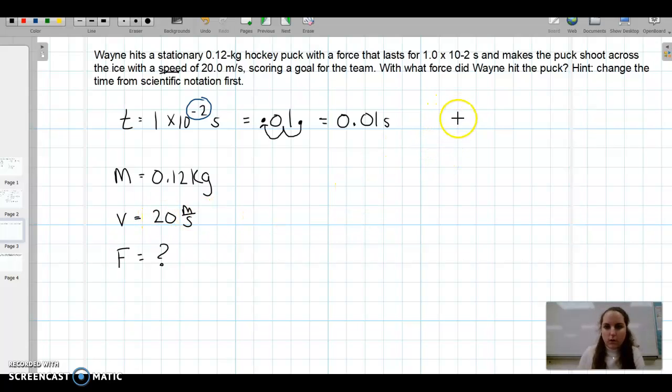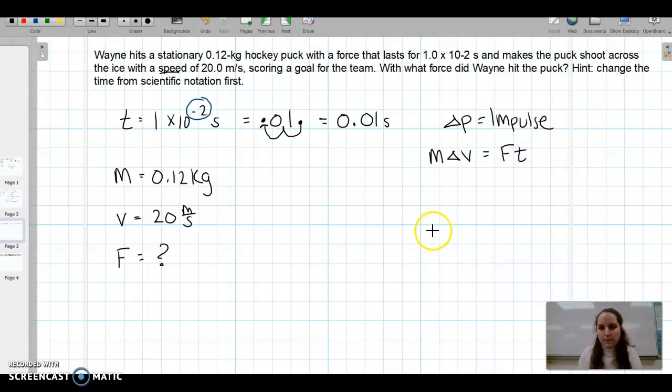Okay, so all we have to do is say that our change in momentum is equal to our impulse. All right, so this says that your mass times your change in velocity is equal to your force times time. So now we just have to plug in what we know, 0.12 kilograms.